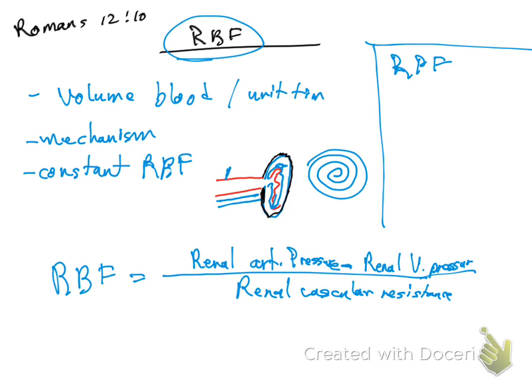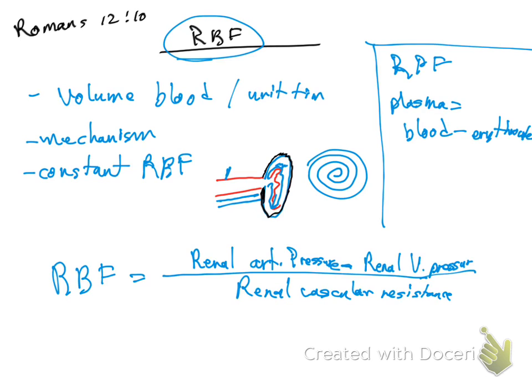But how can I calculate the plasma? The plasma is easy, because the plasma is the blood minus your erythrocytes. Once you remove the erythrocytes from the blood, you have plasma. This plasma also can flow through the kidney per unit time.